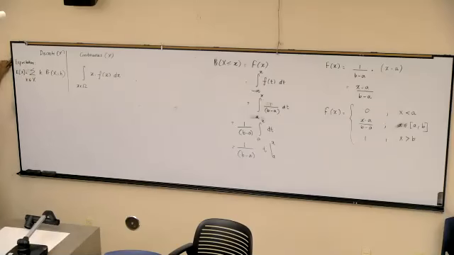To find the variance, we need the expectation of X squared. Expectation of X squared, how did we find that? I'm going to put omega there to indicate that it is the sample space.